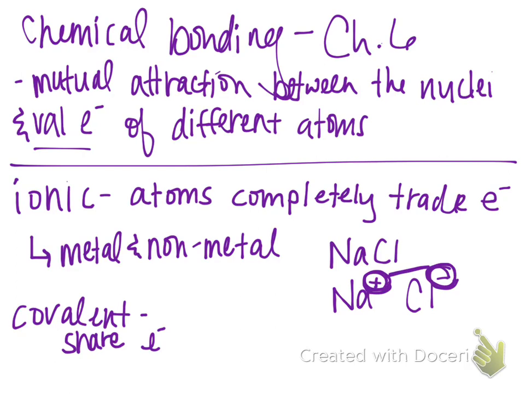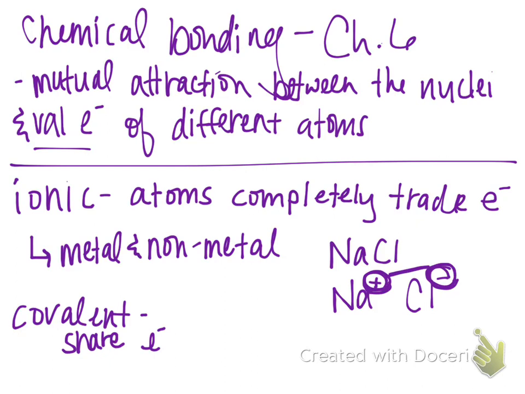When we talk about an ionic bond, that means we've completely given up our electrons or taken electrons, and we hang out close to each other because we have complementary charges. But in a covalent bond, we share electrons, so that you are contributing 2 and I'm contributing 6, so together we have 8 and we're both happy.